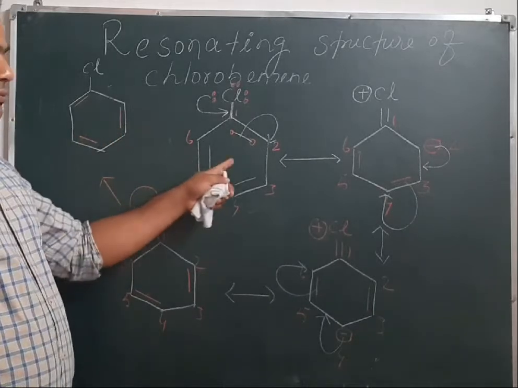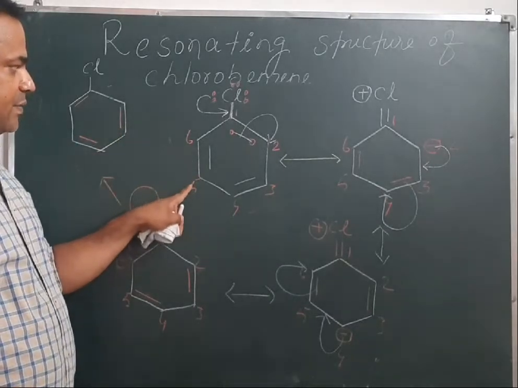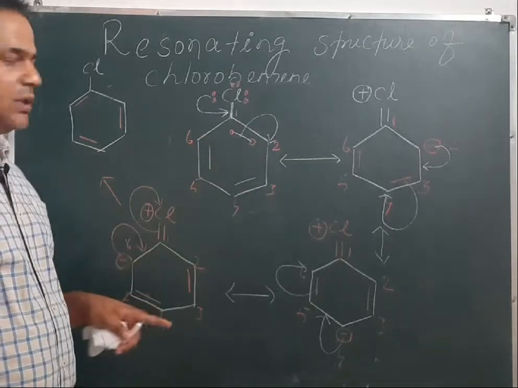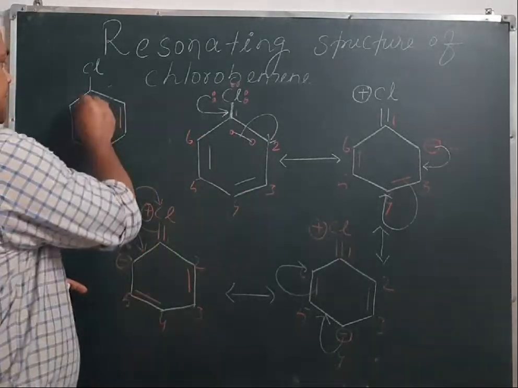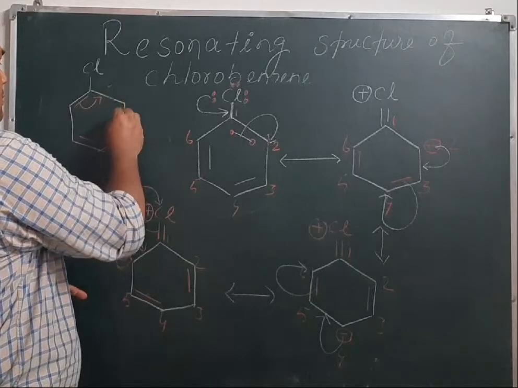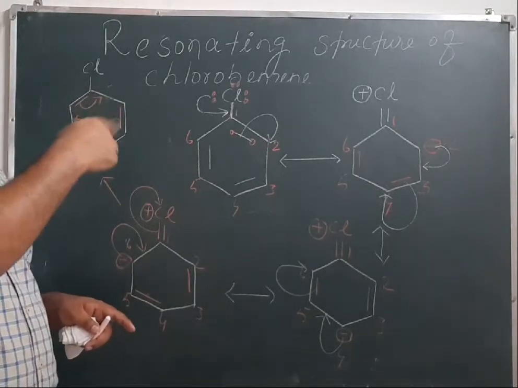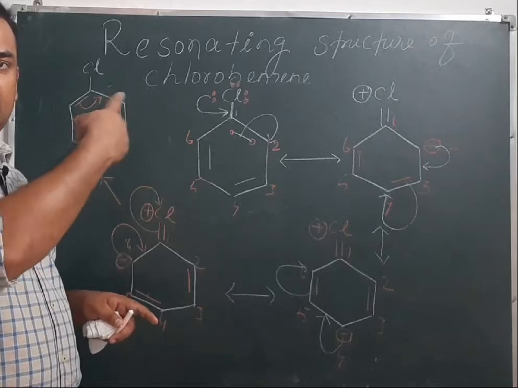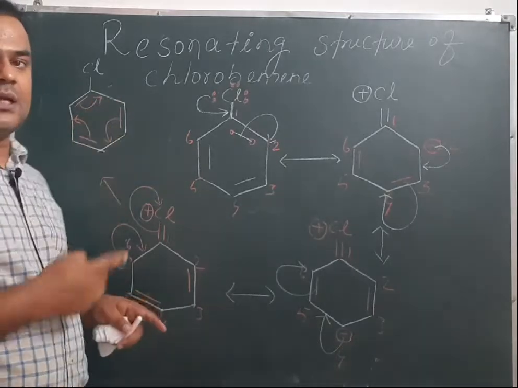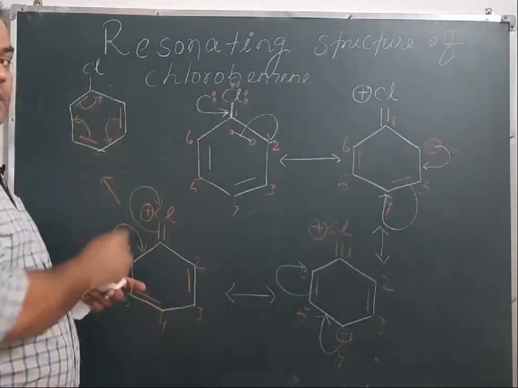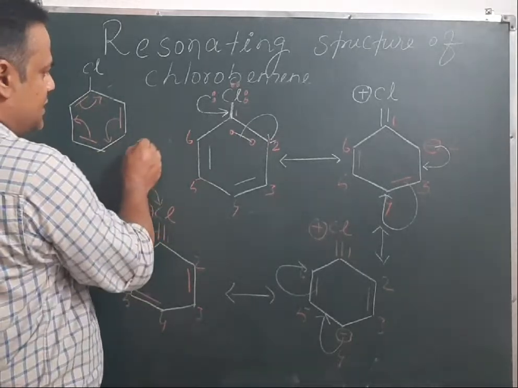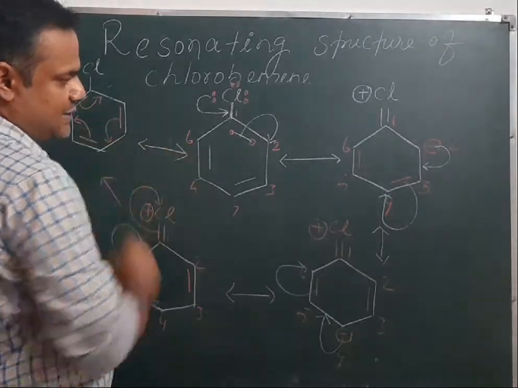But if you see here, the double bonds are between 5, 6, 1, 2 and 3, 4. Now again resonance will take place, because these pi bonds are not fixed. They keep on rotating, they keep on delocalizing over all the 6 carbon atoms. Because of that, resonance will take place, and due to that resonance we'll get this structure.